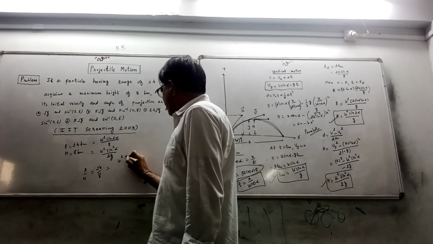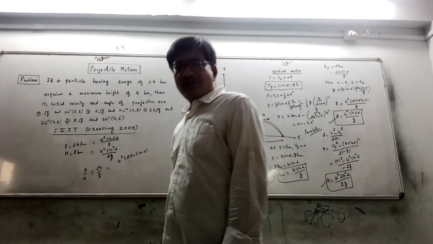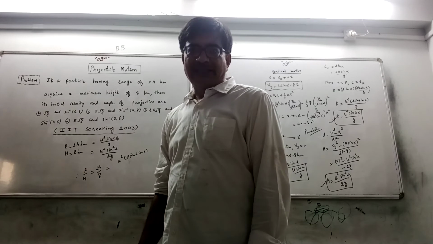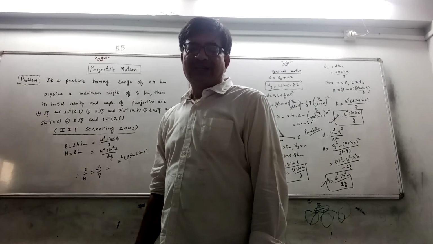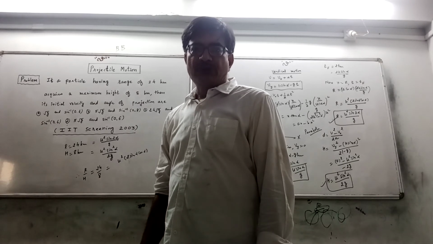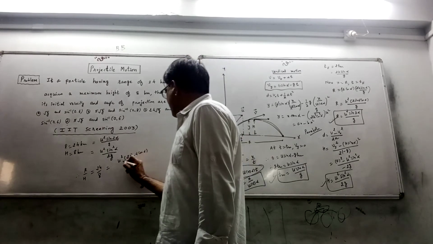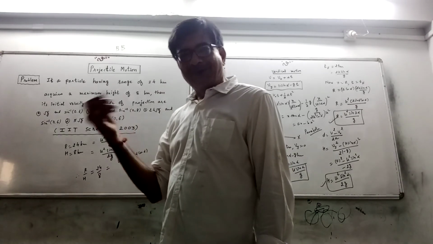Now again I will put sin 2 alpha as 2 sin alpha cos alpha. Actually, for B group students, it is a formula of mathematics, from multiples and submultiples. So you have to keep in mind that sin 2 alpha is 2 sin alpha cos alpha. We can derive it, but it is a topic of maths.